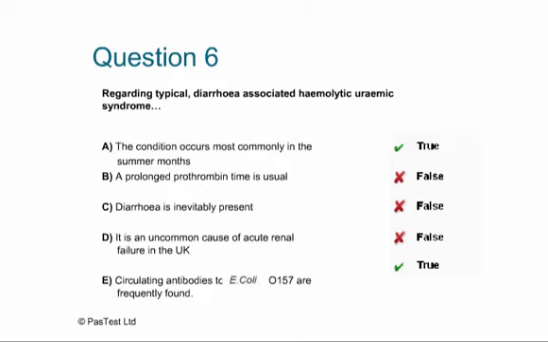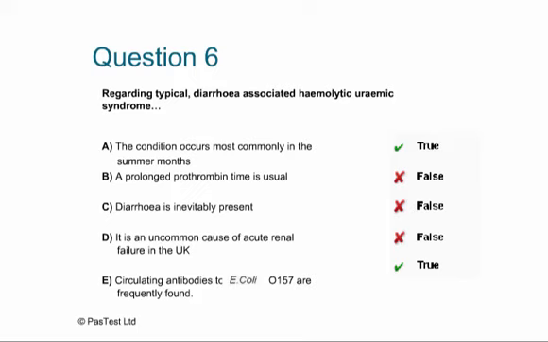That's false. It's the commonest cause of acute childhood renal failure in the UK. And finally, circulating antibodies to 0157 are frequently found, and this is true. Usually, if we can't grow the 0157 in the stool, then we will check the blood and look for circulating antibodies. And in diarrhea-associated HUS, it's almost inevitably found, so the answer's true.